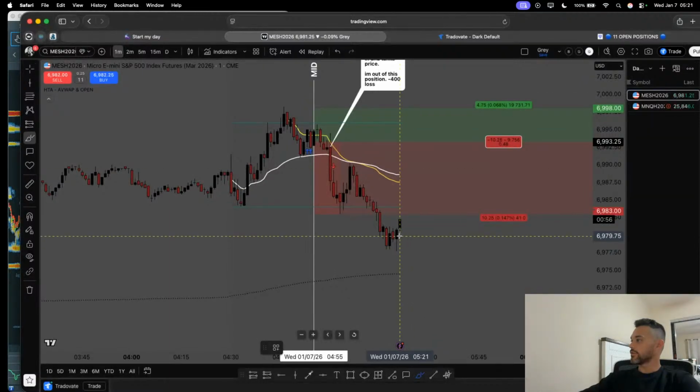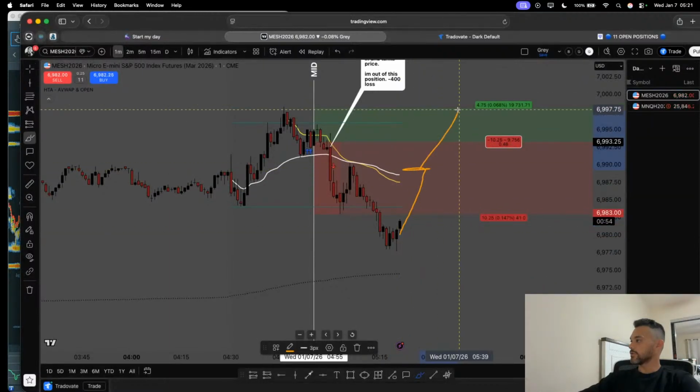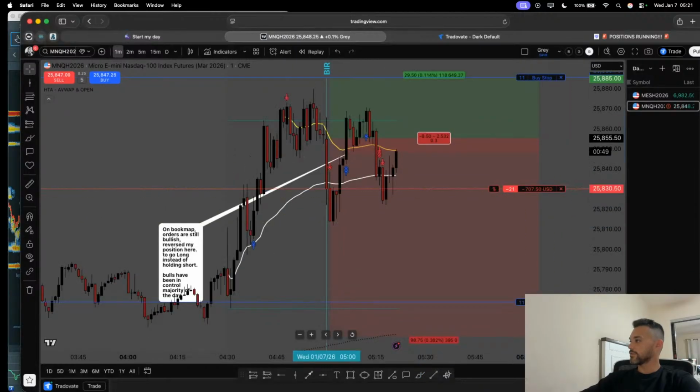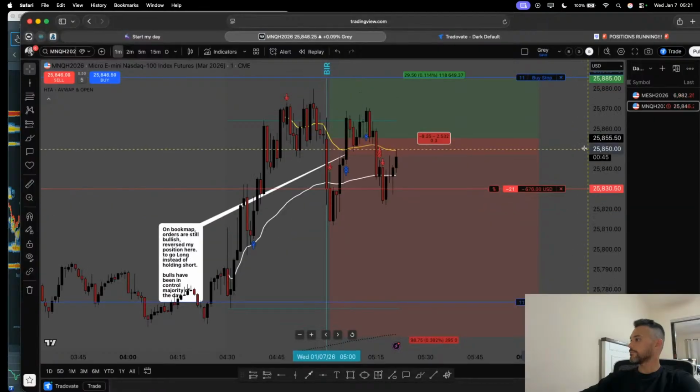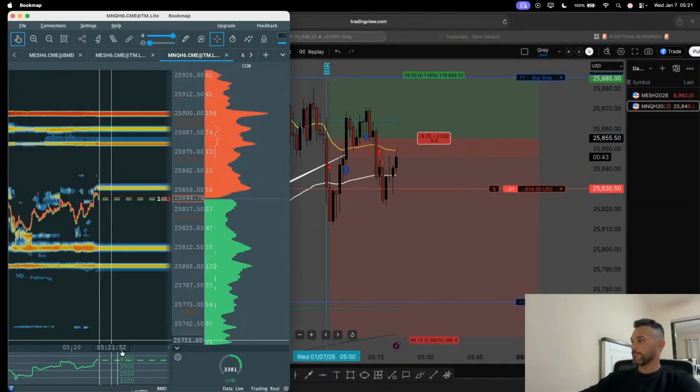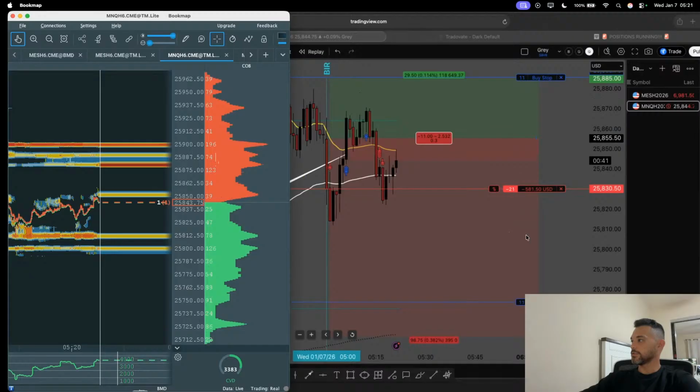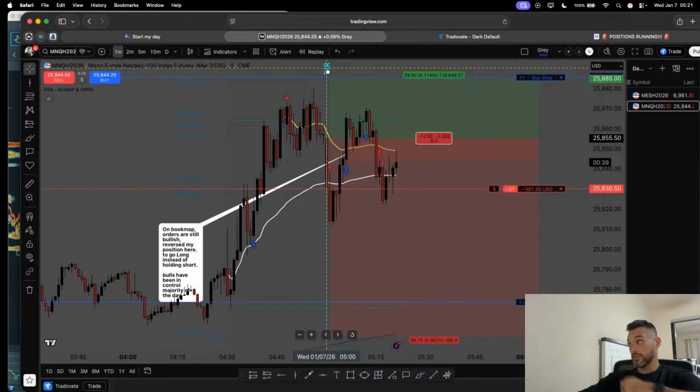Another opportunity though, if price goes up here, there's another back into range play. So the day's not completely over just yet. Now we have CVD going up, so we have another back into range play. So we'll see this back into range.